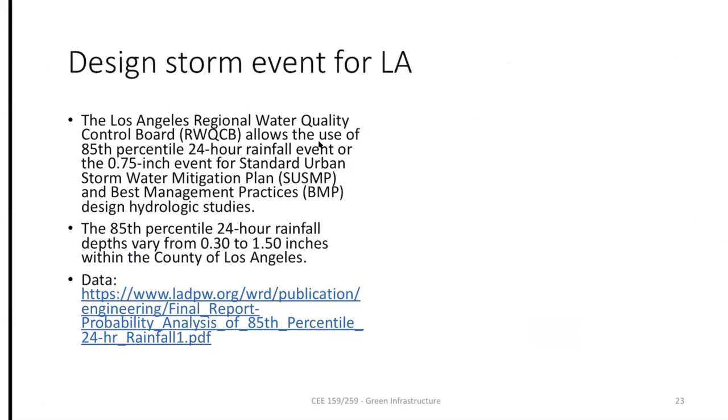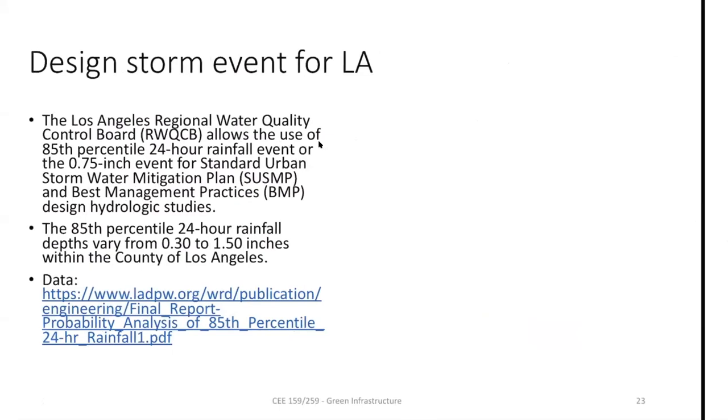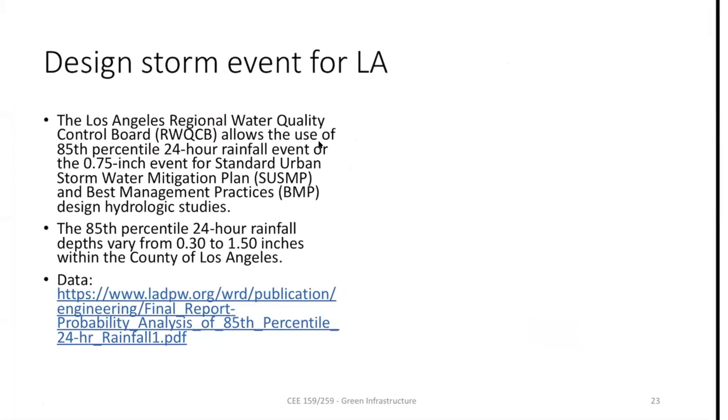The last thing I want to say about these rainfall patterns is for Los Angeles. If you are doing a project related to Los Angeles, their stormwater guideline says that you have to consider the 85th percentile 24-hour rainfall event or the 0.75 inch event for a standard urban stormwater mitigation plan, whichever you want to choose.